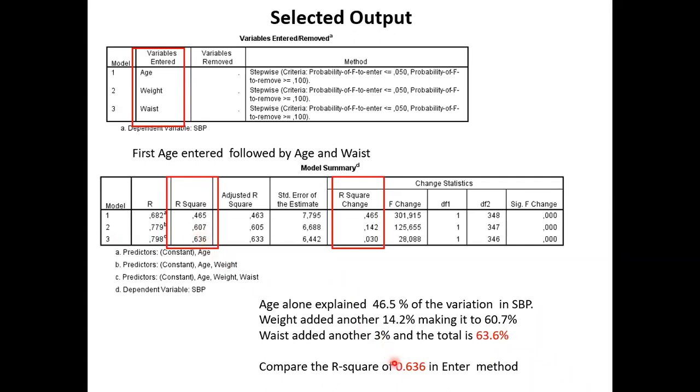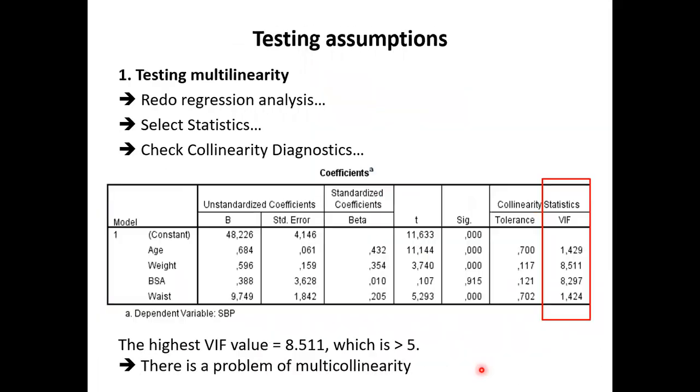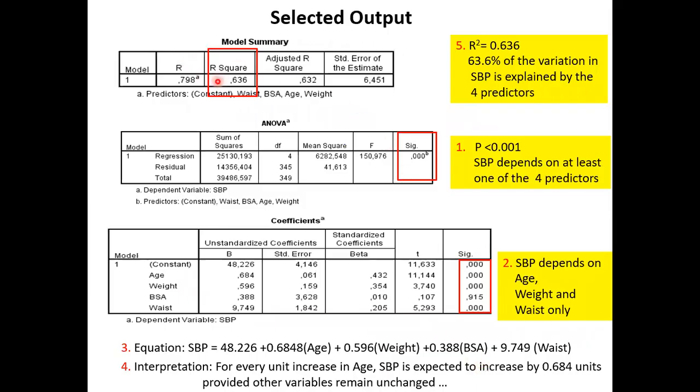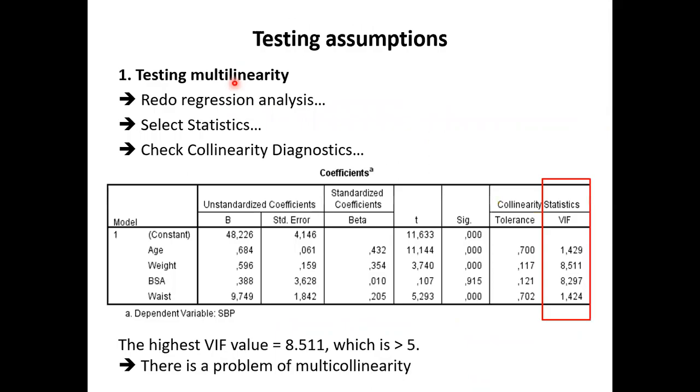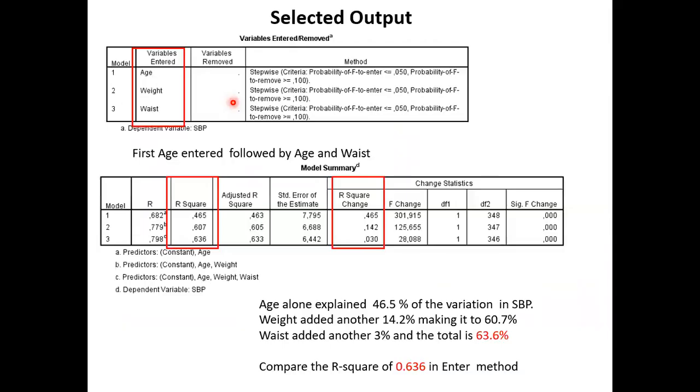Now, your R square just now with the enter method, all the 4 variables, was 63.6, is that right? Now, with only the 3 variables, is it almost the same? It won't be exactly the same; it's rounded up. So do you want to carry 4 variables or is 3 variables enough?